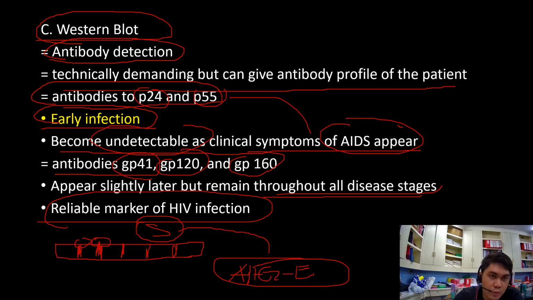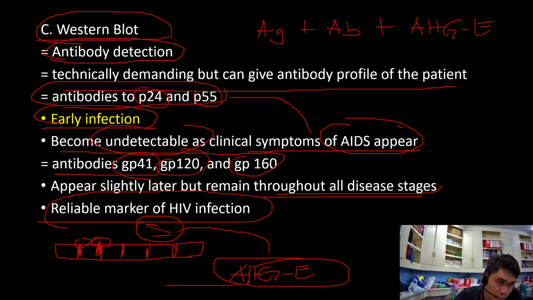The reaction will be antigen plus antibody from patient serum plus AHG labeled with enzyme. Then you wash, then you add the substrate for the enzyme. After the addition of substrate, you have color development in this area.